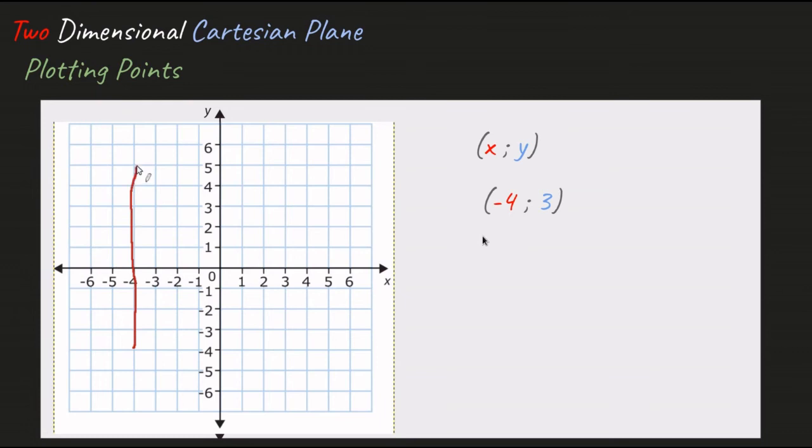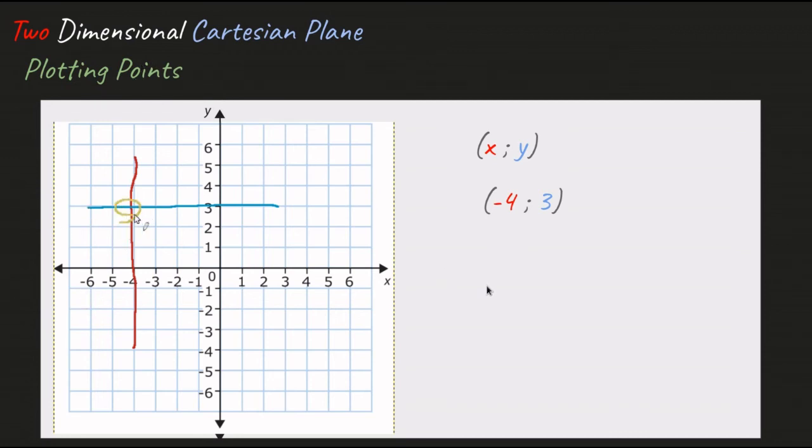Minus 4 x is along that line and plus 3 y is along this line, and where they intersect we have plotted a point.